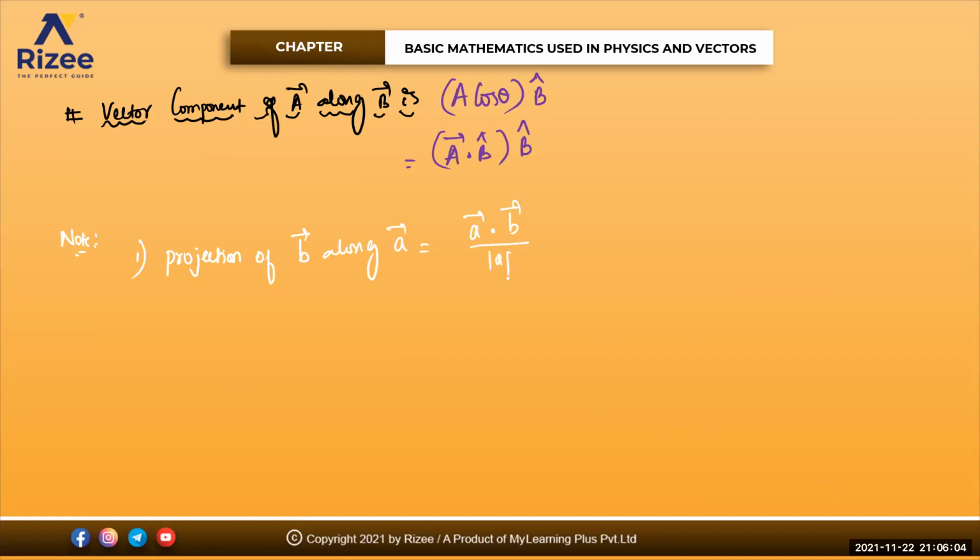Projection of b bar along a bar means this will be equal to a cap dot b bar. Second one. Projection of a bar along b bar means it is a bar dot b bar divided by mod of b. That means it is a bar dot b cap.